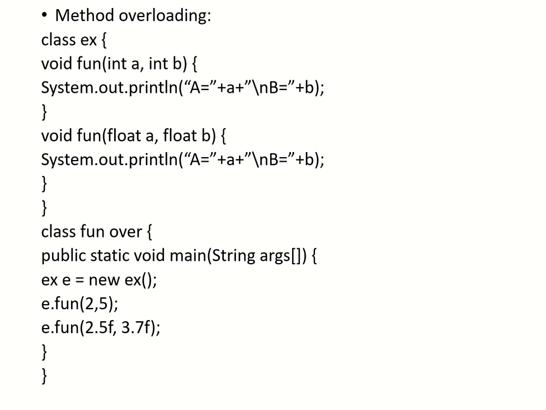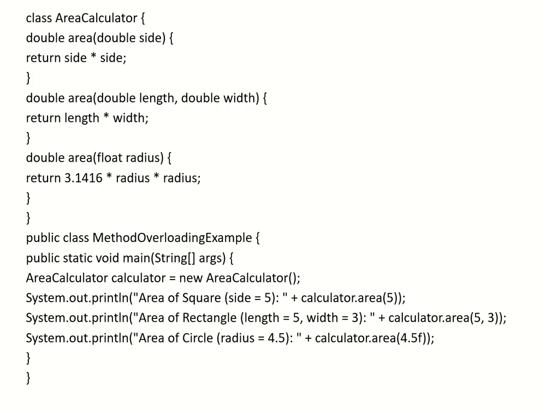Then e dot function of 2.5f and 3.7f are floating point values, which are mapped with the floating point method. That is the call. Then it calculates the area, a equal to that value and b equal to that value, and it is printed. That is a simple example for method overloading.